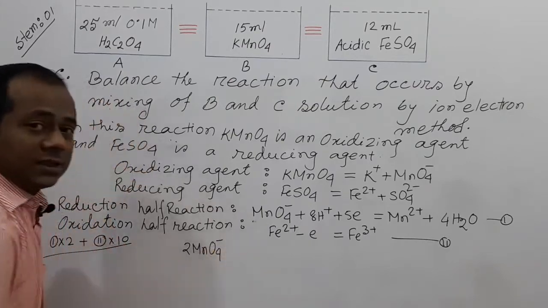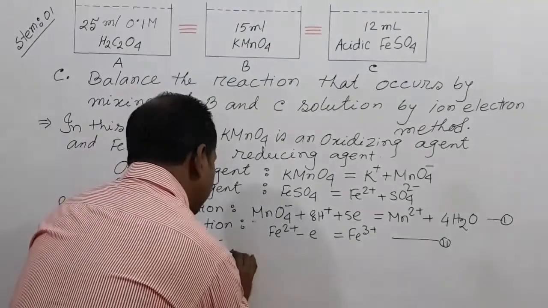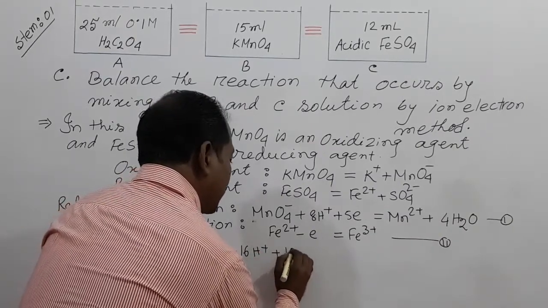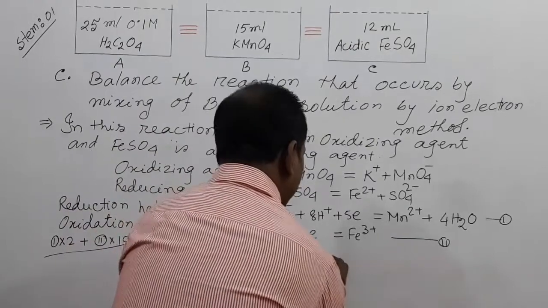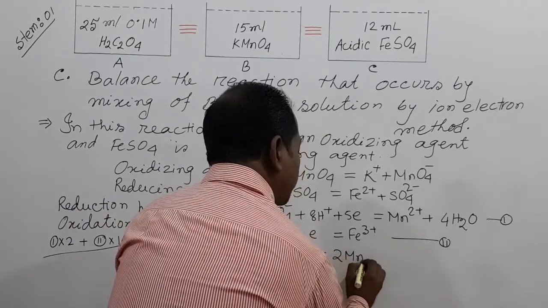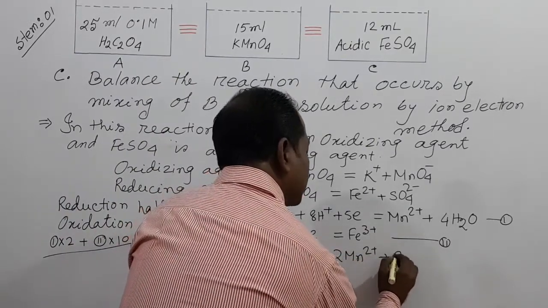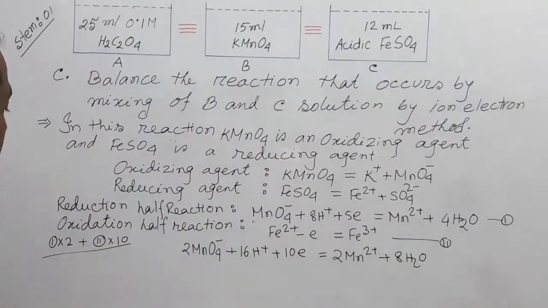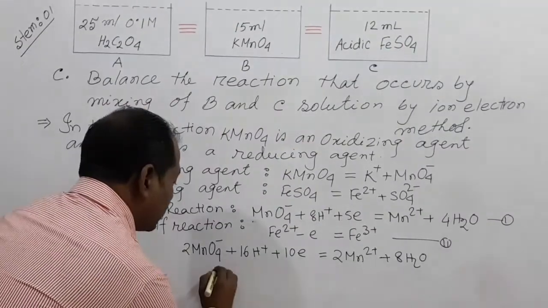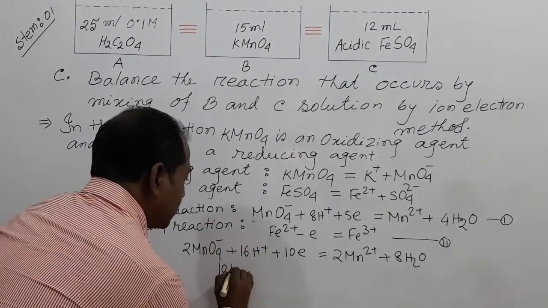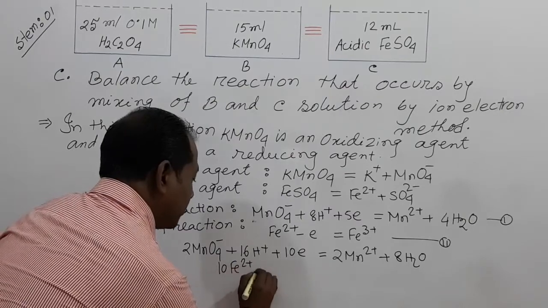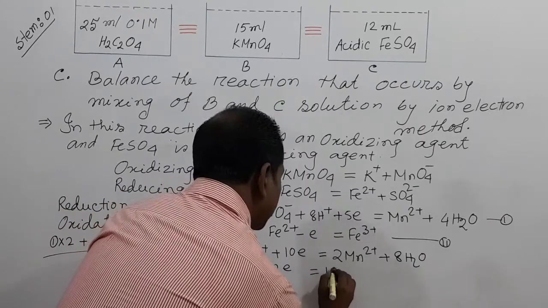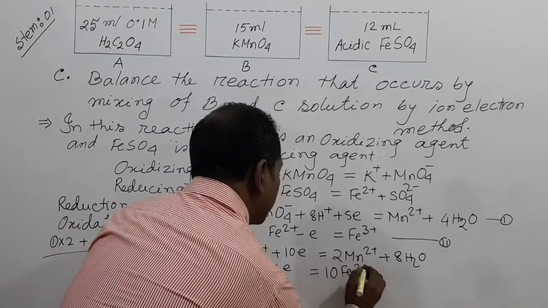We write here 2MnO4 minus plus 16H plus plus 10 electron equal to 2 manganese 2 plus plus 8H2O, and for equation number 2 we get 10Fe2 plus minus 10 electron equal to 10Fe3 plus.